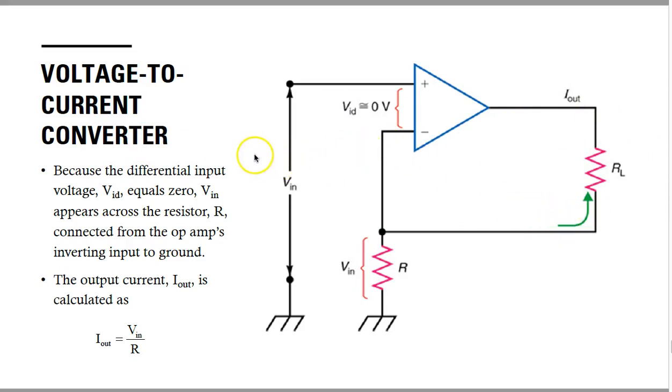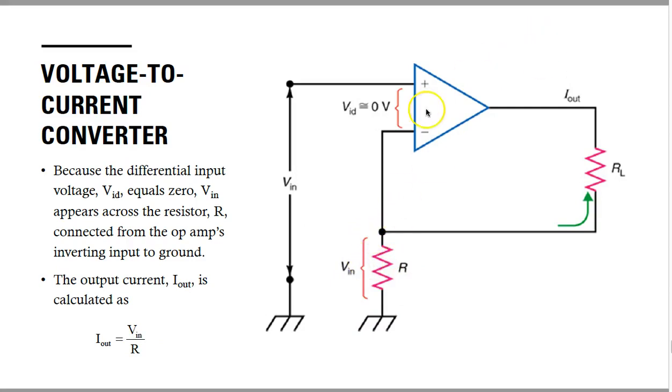When you give a constant input, then at the output you get a constant current. This load current is not affected by any change in the load resistance, and it can be calculated by this formula: I out equals Vin by R, where Vin is the voltage across this input resistance.